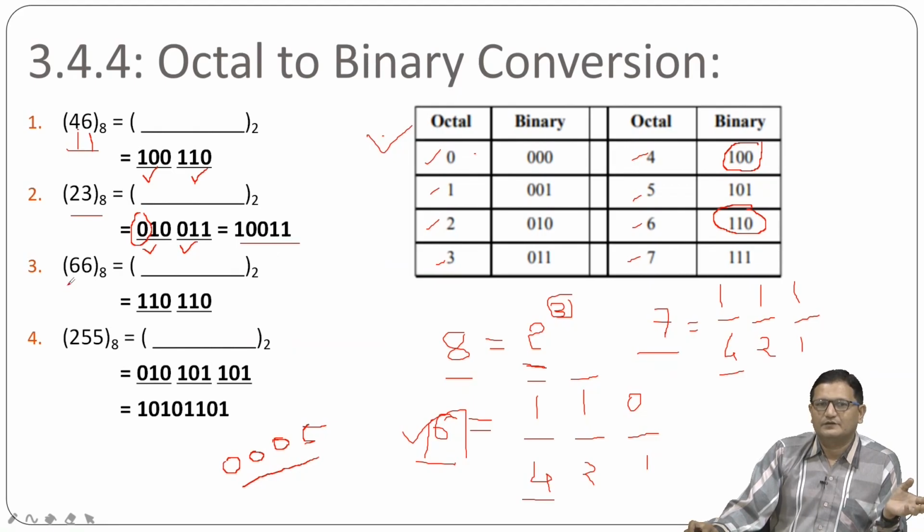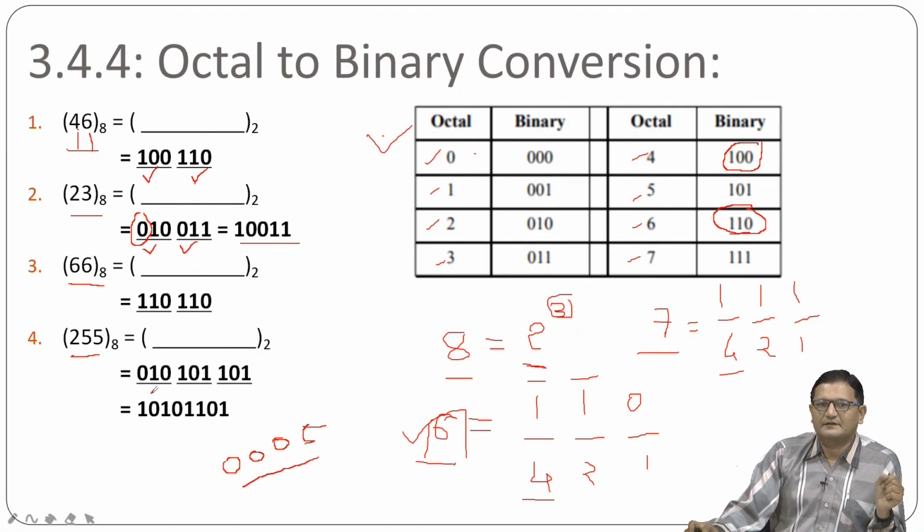Similarly, the octal number 66 is given, so you just see what is the binary of 6, that is 110. So here you need to write 110 110, and see there is no 0 at the left hand side, so you just write 110 110 in binary. Similarly, suppose this number is given to you: 255.